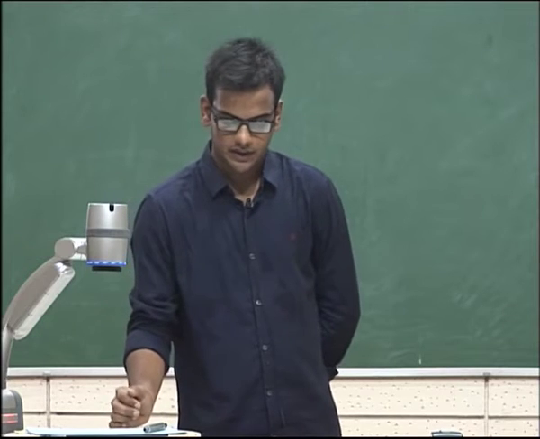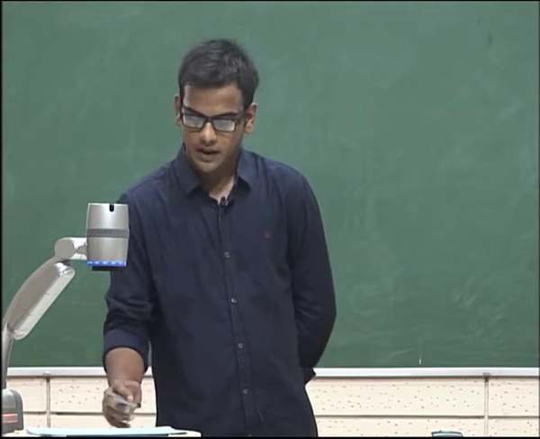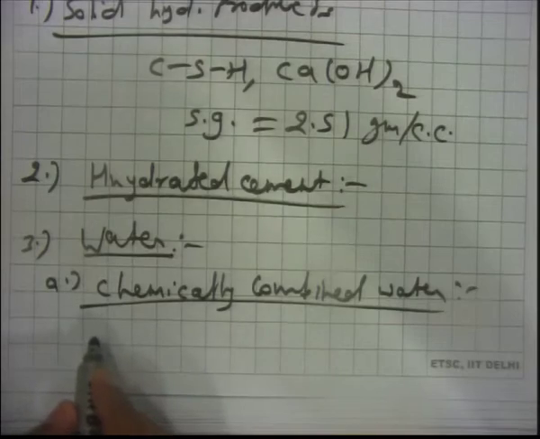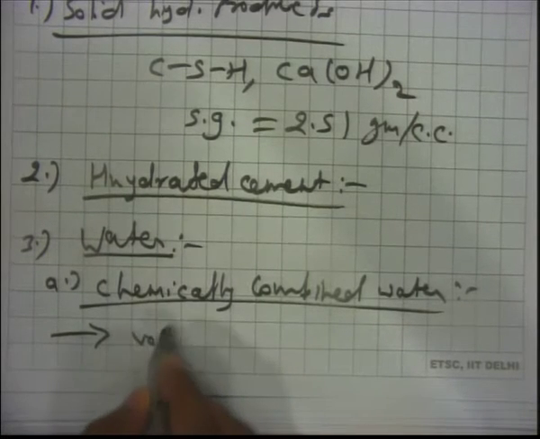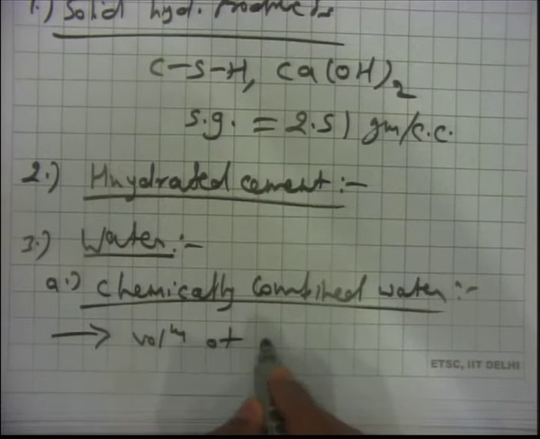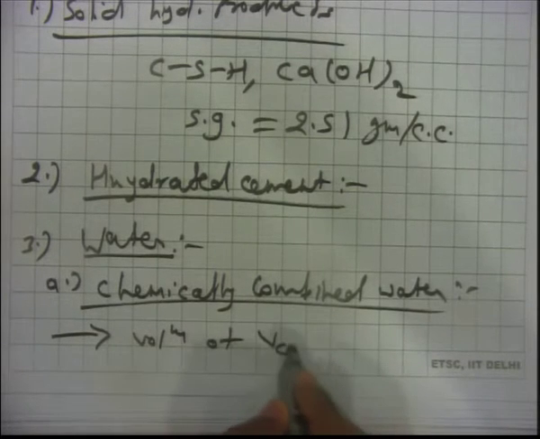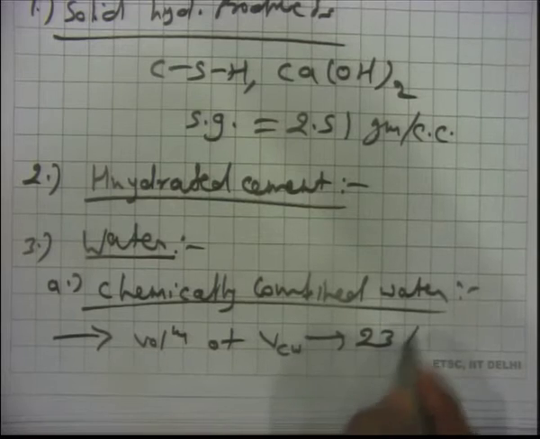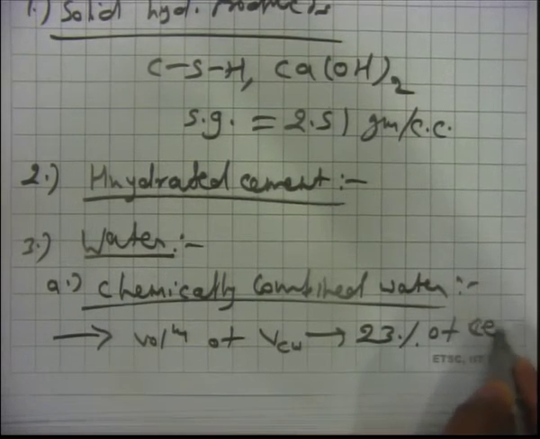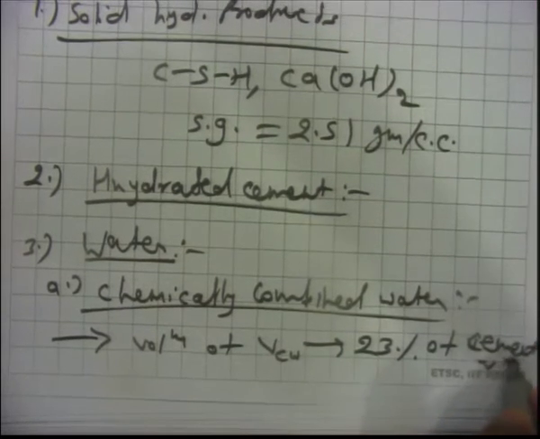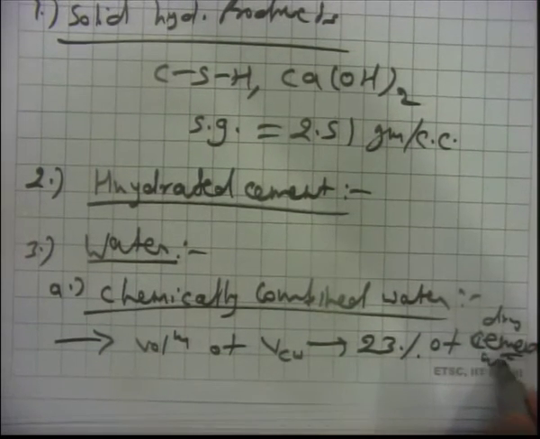And one thing, from experiments we have found that the amount of this type of water is 23% of the dry cement weight.